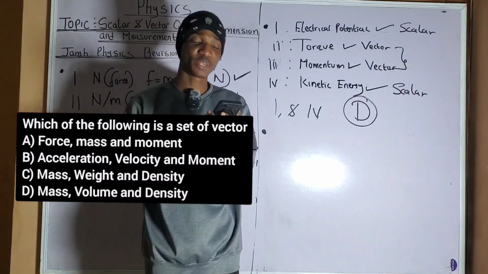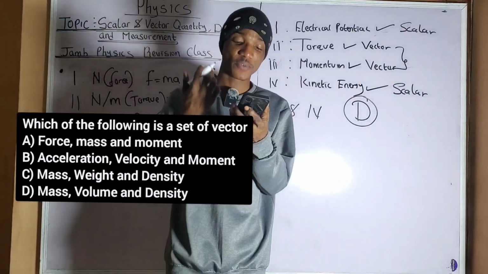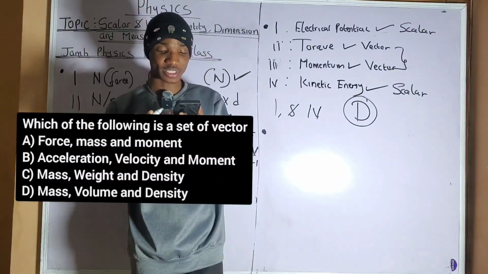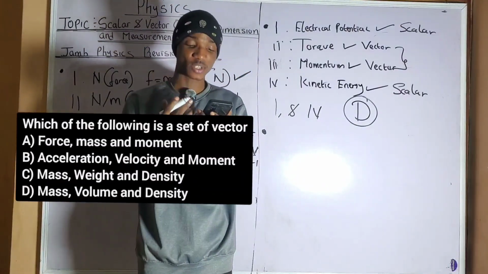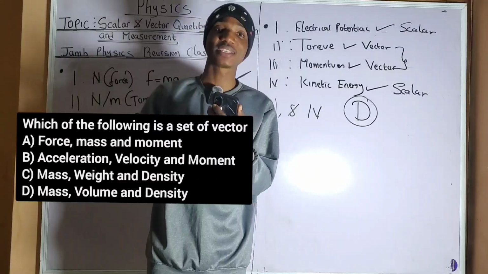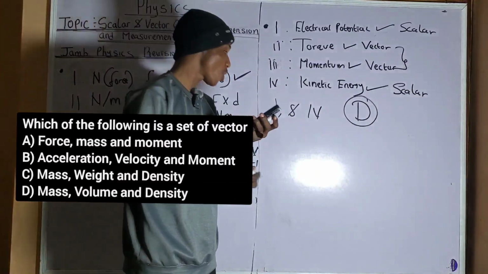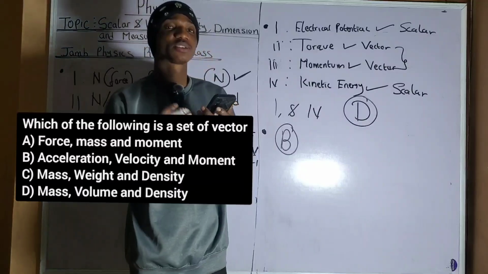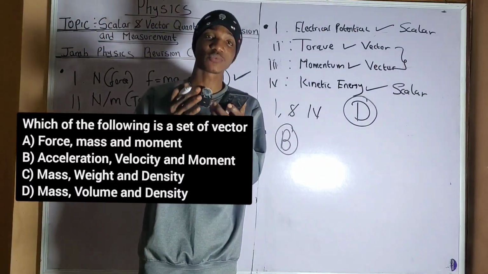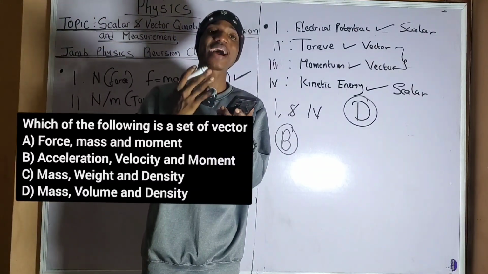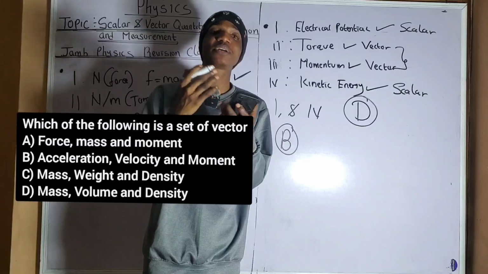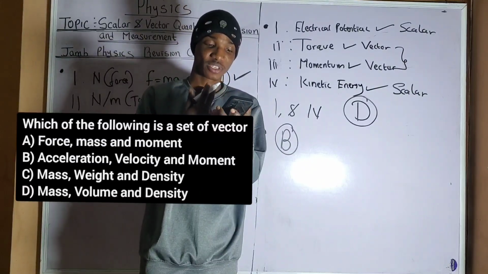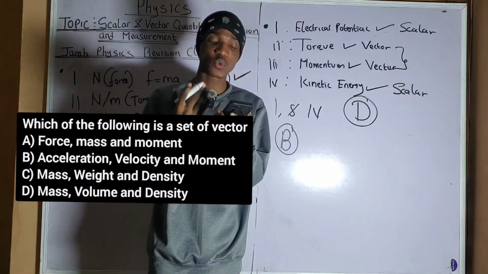Let us look at option B. We have acceleration, velocity and moment. Acceleration is a vector quantity, velocity is a vector quantity, and also moment is a vector quantity. So therefore option B is the correct option to that question. But we are not going to ignore the rest of the options. We are going to examine why they are not the appropriate option for this question. Look at option C. We have mass, weight and density.